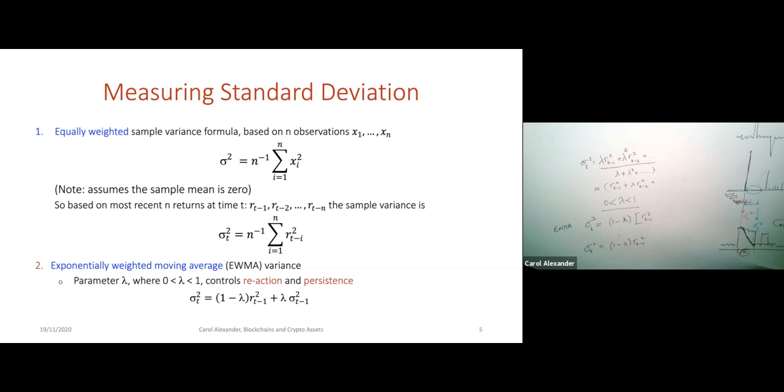If lambda is 0.9, then on this first term here, you've only got a weight of 0.1, but 0.9 is the weight on yesterday's variance. And that makes it more sort of persistent. I'll explain what it does when I do it in the Excel spreadsheet. Easier to see in action.